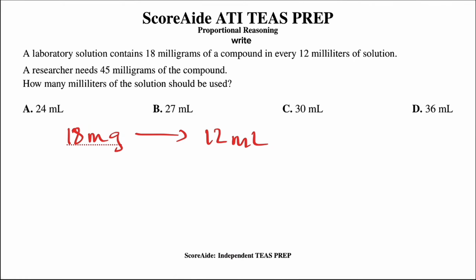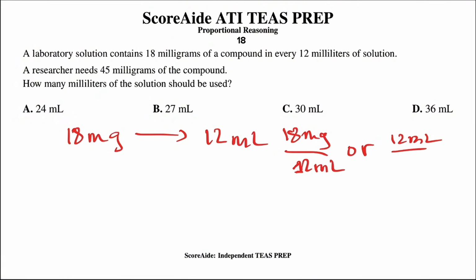Using this, we can write two different rates. The first rate will be 18 milligrams for every 12 milliliters. Or, this is 12, please. Or 12 milliliters for every 18 milligrams, right?